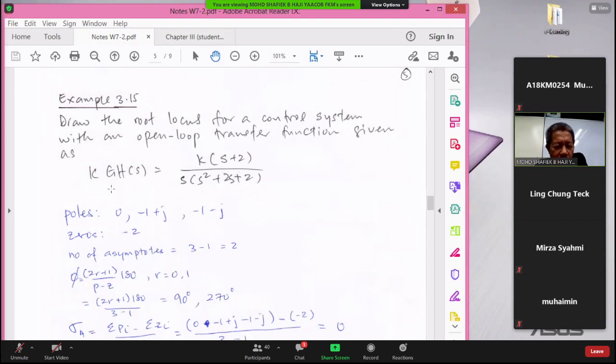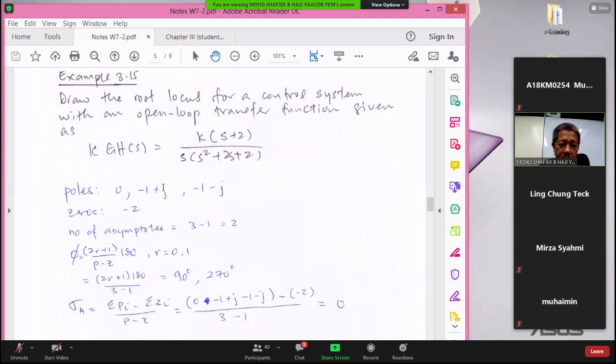So it is our job to extract the open loop transfer function from the closed loop block diagram. It is KGH. K is the controller gain, G is the forward path transfer function, H is the feedback path transfer function.